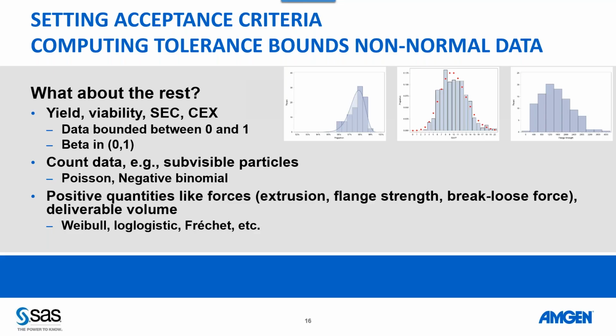What if you deal with positive quantities like extrusion or strength or break loose or volume? They're all positive quantities. Again, if you're using a normal distribution, you may end up with a negative tail that would give you a negative prediction or negative bound. So if you have this type of data, why don't you use a distribution that is defined on the positive side of things, from 0 to infinity, like the Weibull, the log logistic, the Fréchet, the log normal.